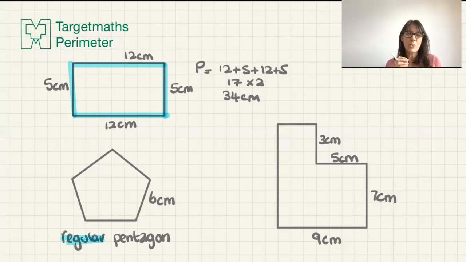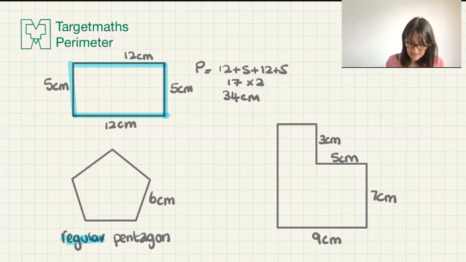Regular means that all the edges and all the angles are equal in size. Now, all the angles equal in size is a fact about the word regular, but isn't relevant to this question because this question is about perimeter.